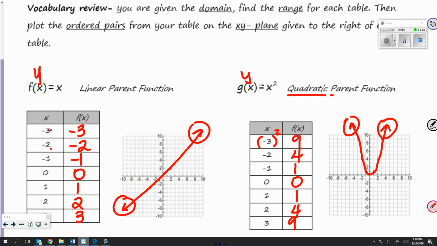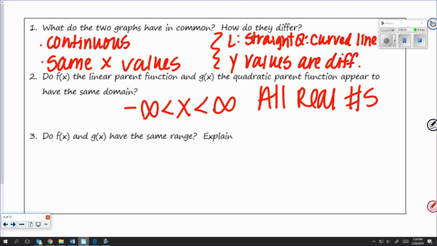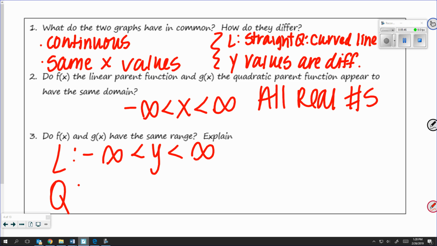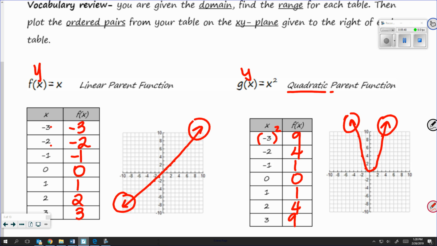So are they the same? No, they're not. For our linear one, if they can go all the way to the bottom, that's negative infinity. If they go all the way to the top, what is that? Positive infinity. For quadratics, for this one, what was the lowest it could go? The lowest it could go was 0.